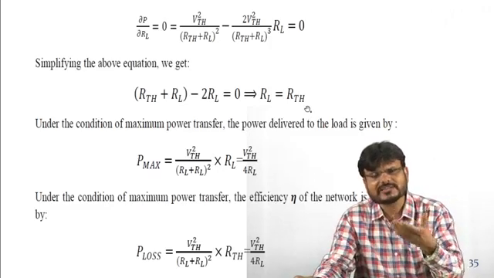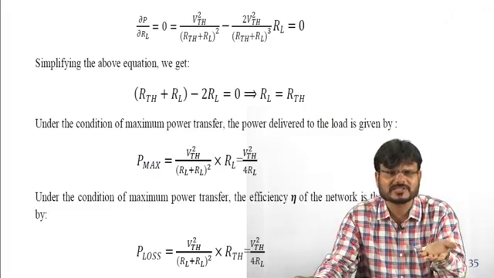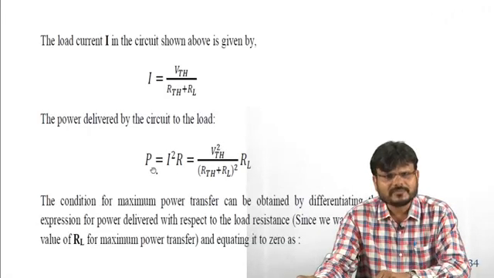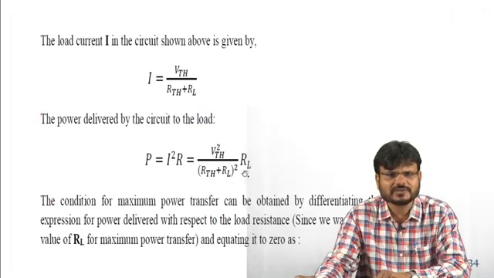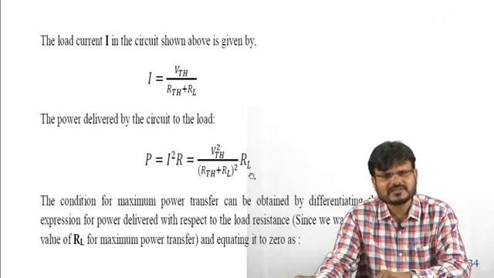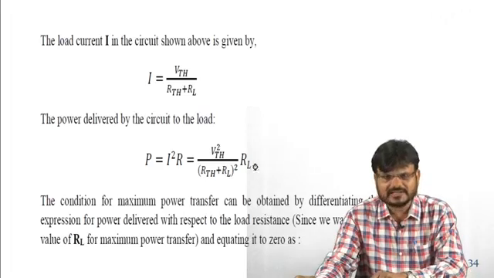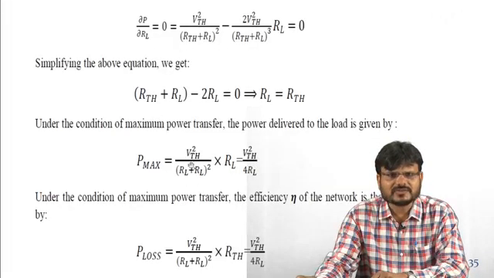Now you have to find this maximum power. What is the value of the maximum power transfer? The equation for the power is P is equal to BTH square upon (RTH plus RL) square into RL. So just replace RL with RTH. P max is equal to BTH square upon (RL plus RL) square into RL.